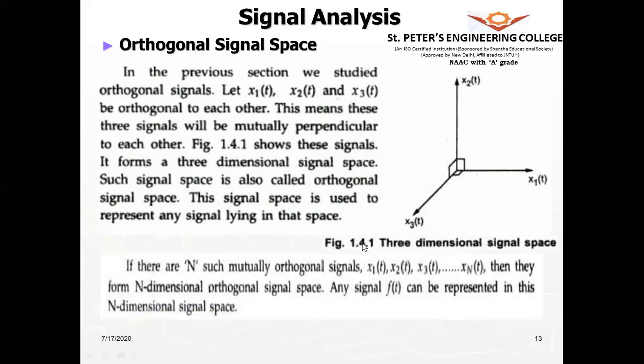And if there are n such mutually orthogonal signals, x1 of t, x2 of t, x3 of t, etc. to xn of t, then they form an n-dimensional orthogonal signal space.